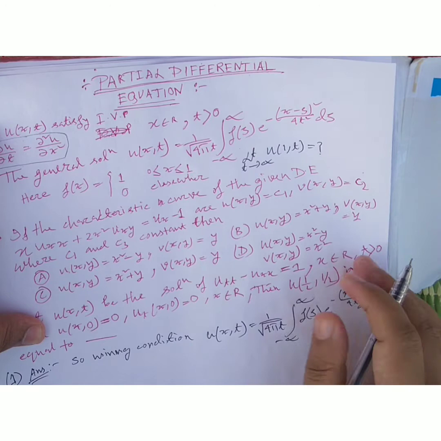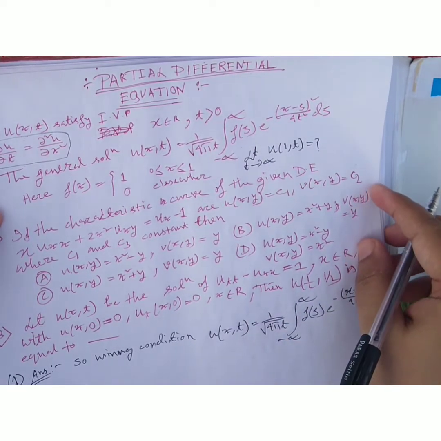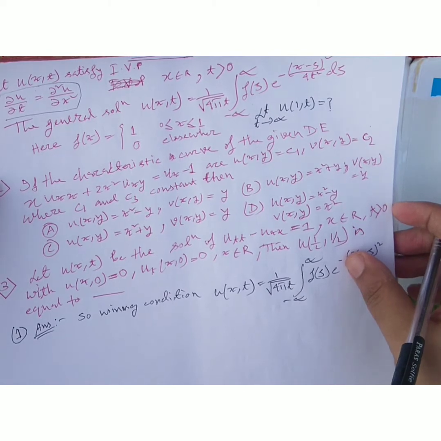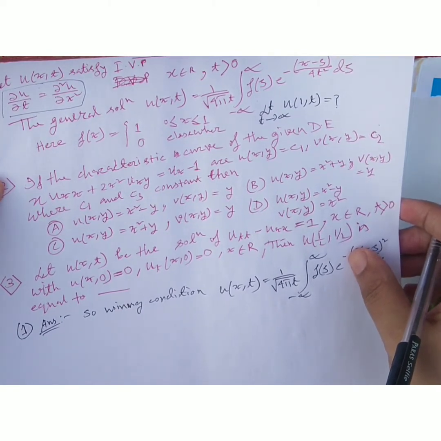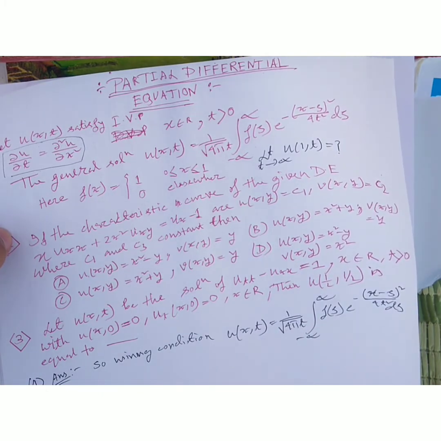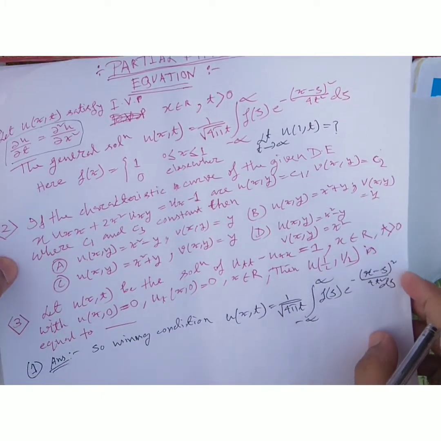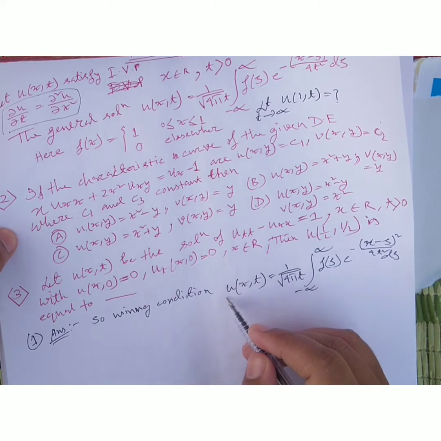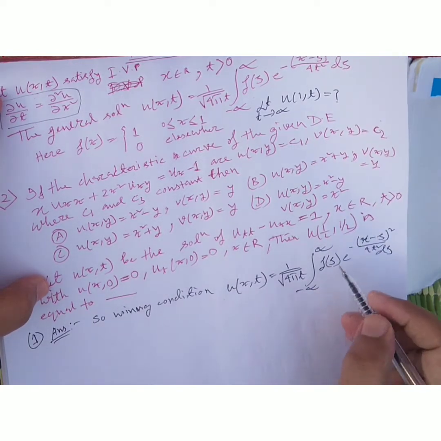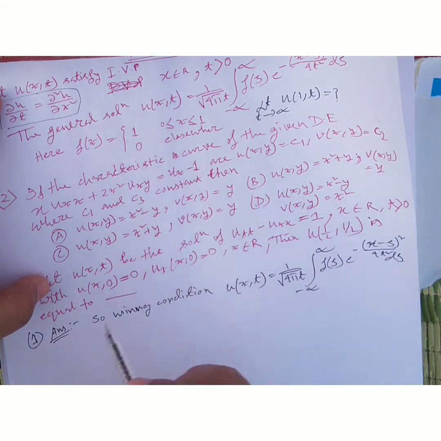You will learn a lot of topics. I have discussed that in my partial differential equations, and also in ordinary differential equations. So this kind of question, I apply Fourier series, and here f(x) is 0 to 1.